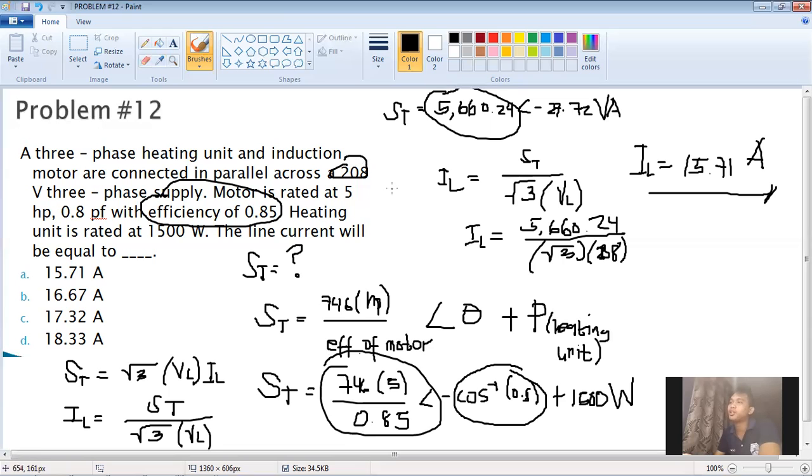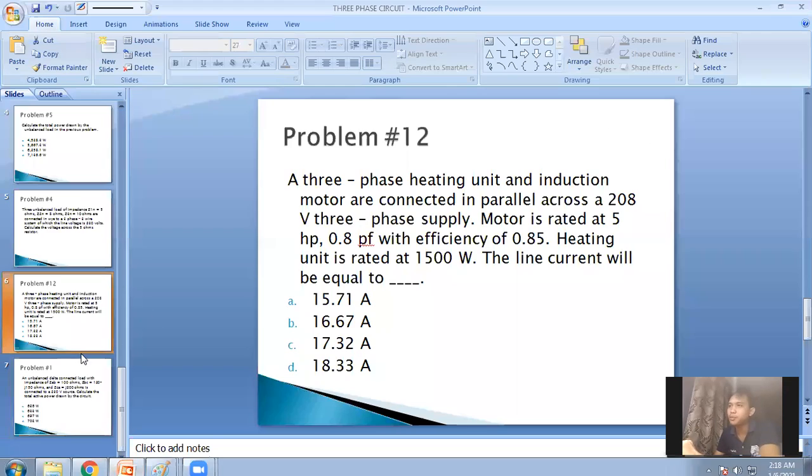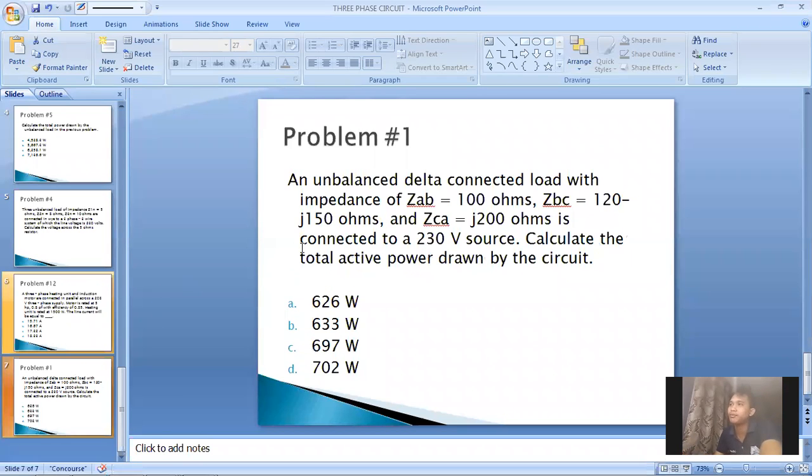Upon calculation, the line current for the load is 15.71 amperes. So we will check if our answer is correct. Here, it is 15.71 amperes.